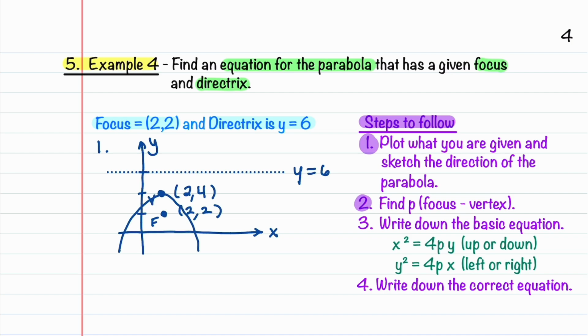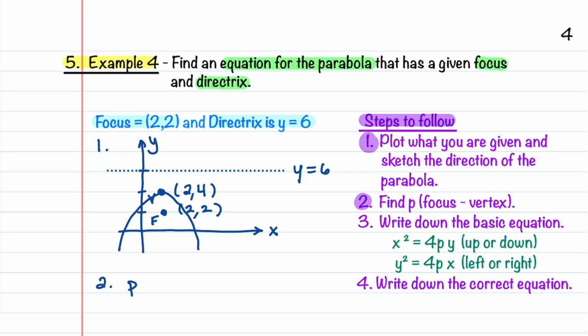Now let's find P. Since our parabola opens downward, we know that P is going to be negative, and we can write that P is equal to the y-coordinate of the focus, which is 2, minus the y-coordinate of the vertex, which is 4, and that becomes negative 2.